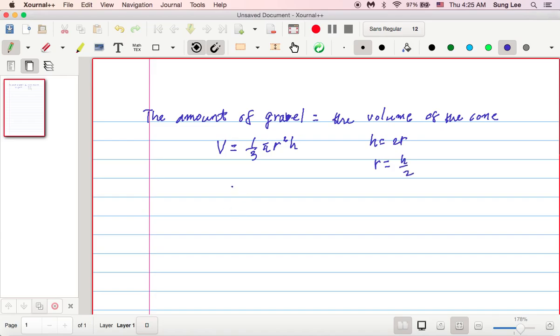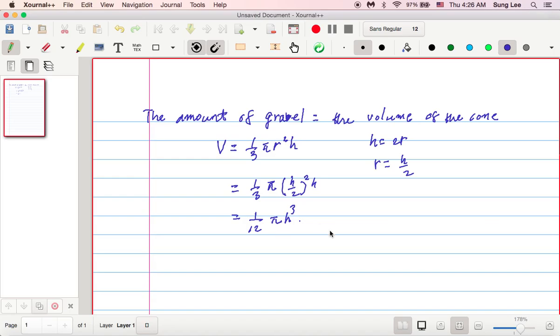So you can write V as a function of h: one third pi times (h over 2) squared times h. That becomes 1 over 12 pi h cubed.